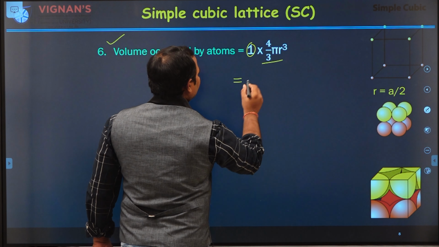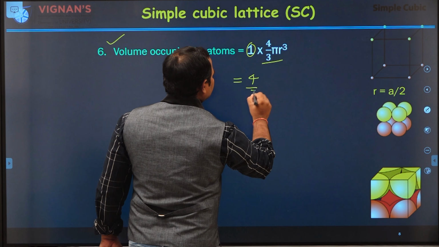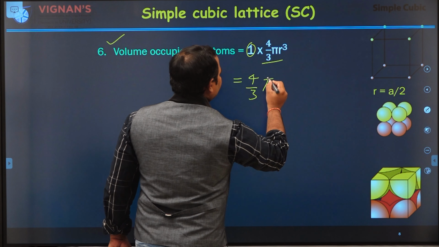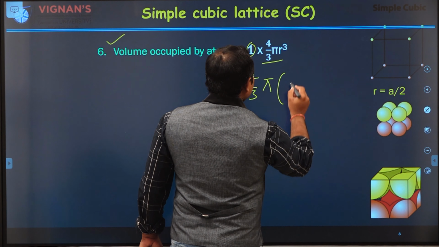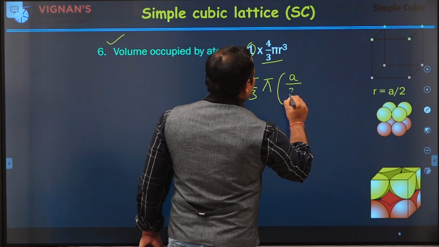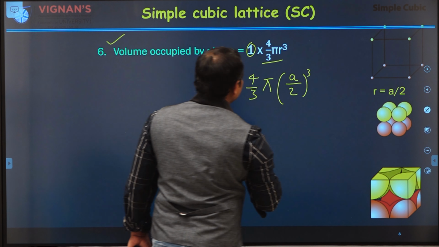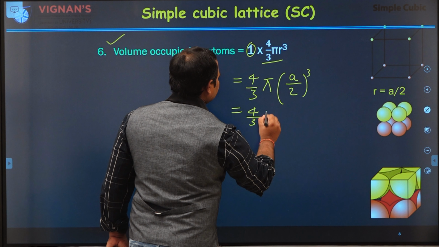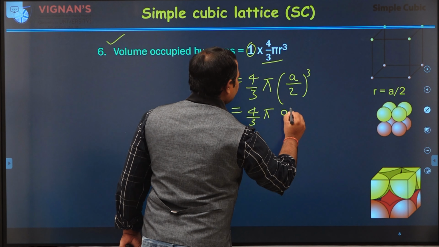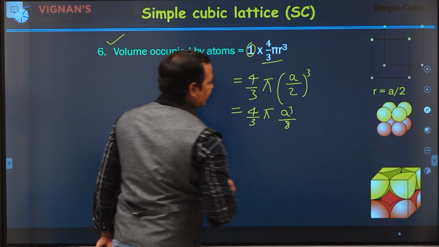Now, 4/3 pi r cube. We know r is equal to a by 2 from this one, right? Substituting r is equal to a by 2 whole cube, that is equal to 4/3 pi a cube by 8.